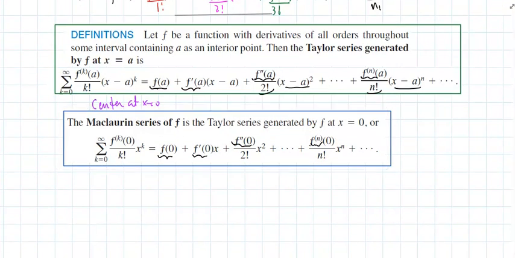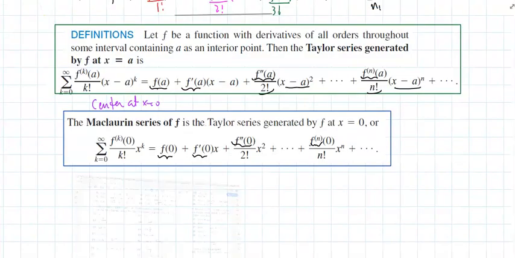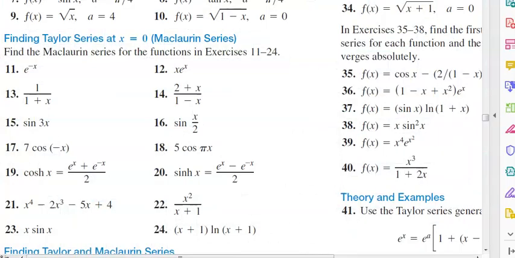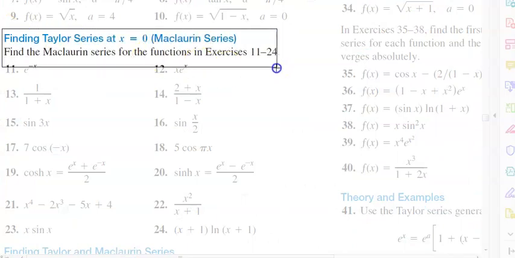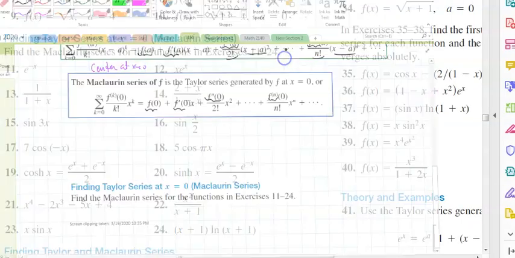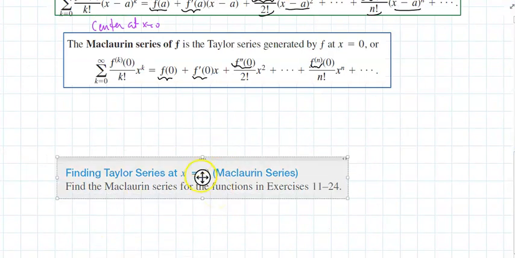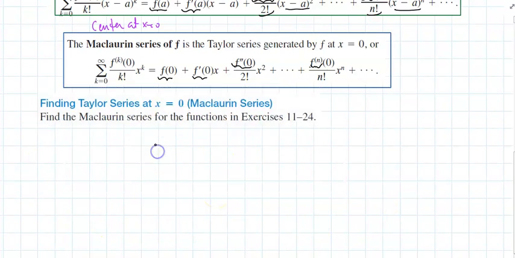Now, I'd like to look at some examples. I am going to go to the book. Oops, one page. There we go. And if I look at find the Maclaurin series on numbers 11 through 24, and this is on page 647.